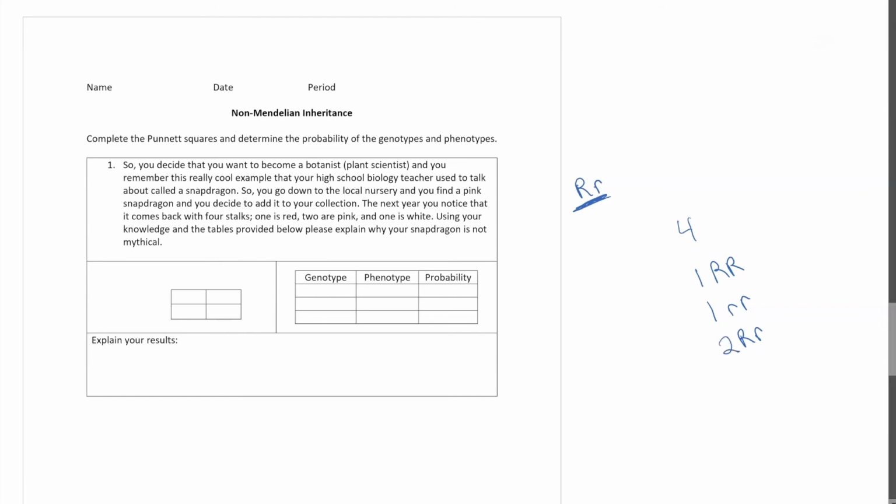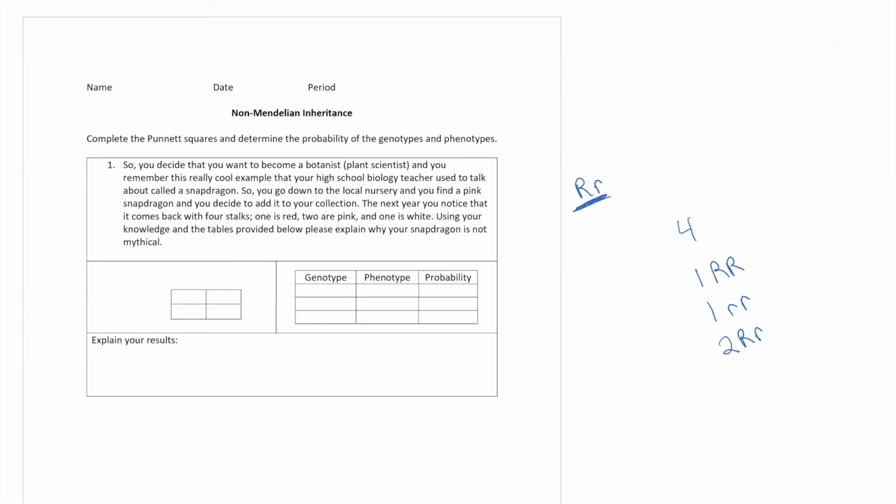So this ratio kind of tells me something about it. It's a 3-to-1 ratio or a 1-to-1, which is something that's very common. You can see this when you look at a typical 4-square Punnett square. So where do you see it though? You see it when you cross 2 heterozygous individuals.